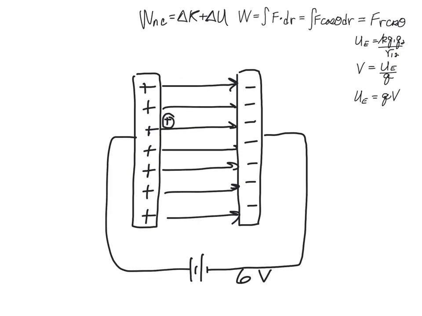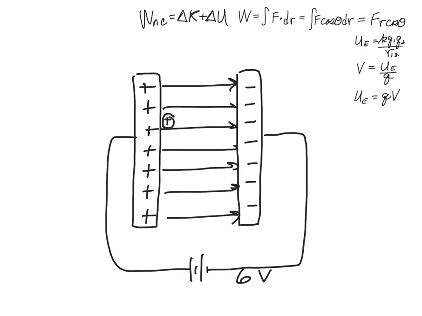And the change in potential energy is simply going to be this equation. So whatever the charge is, if it were, just to keep things simple, a 1 coulomb charge, then it would gain 6 joules of kinetic energy and lose 6 joules of potential energy. Now if it went halfway, it would lose 3.